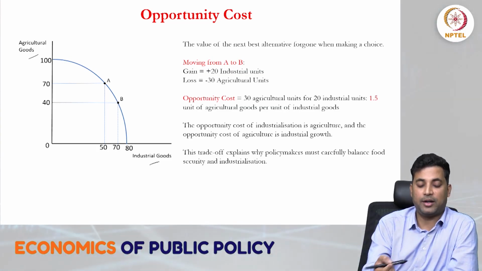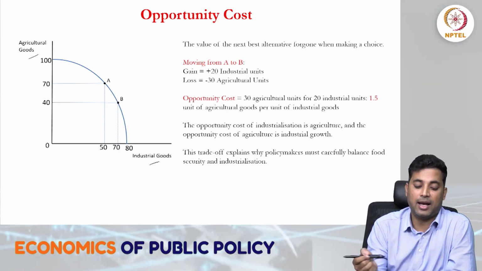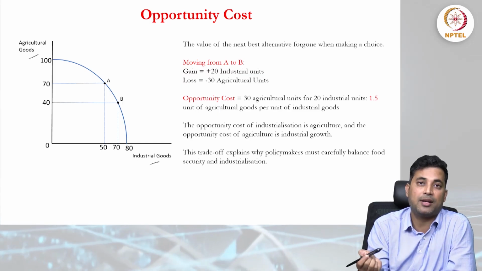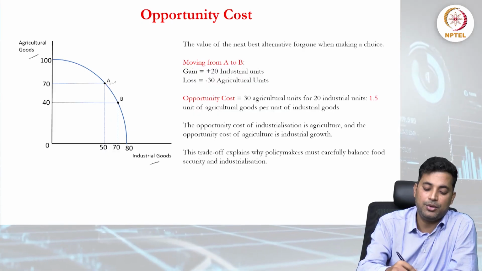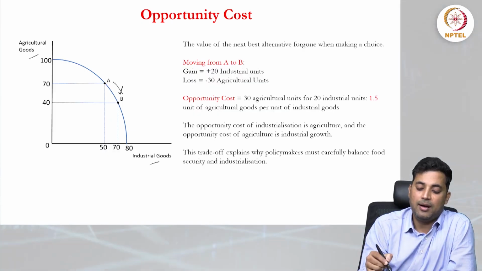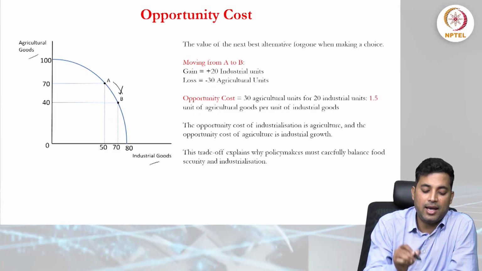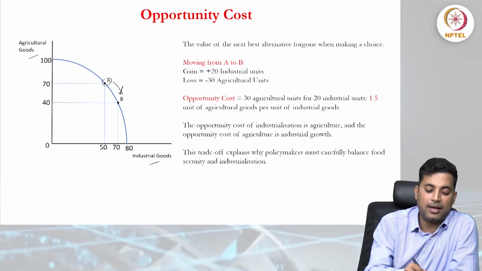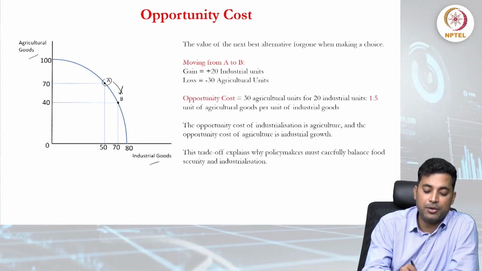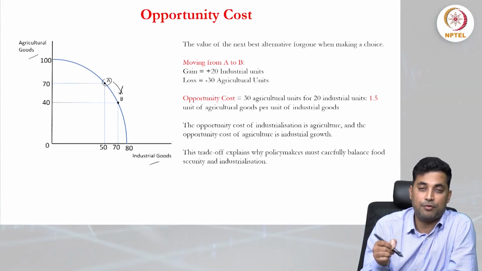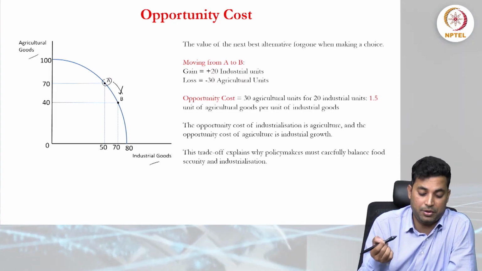Here are the alternatives at every point, and in one case we have taken the movement from A to B. At point A, if you notice, 70 units of agricultural goods can be produced and 50 units of industrial goods are produced.